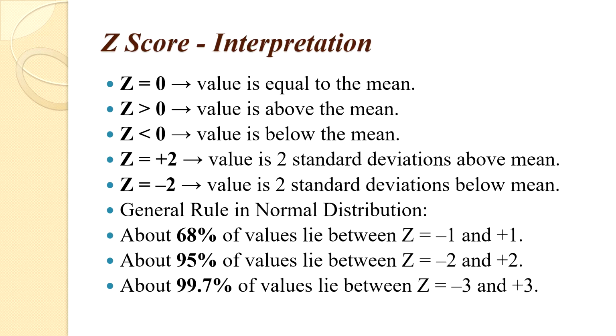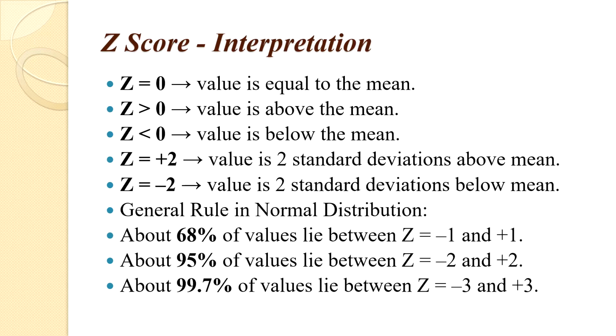If Z is equal to positive 2, the value is 2 standard deviations above the mean. If Z is equal to minus 2, then the value is 2 standard deviations below the mean. These are all the 5 Z-score interpretations.